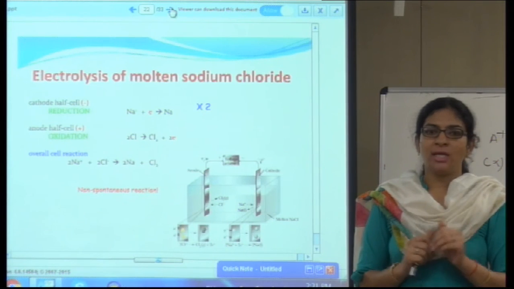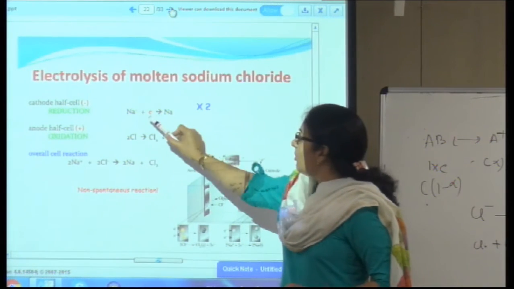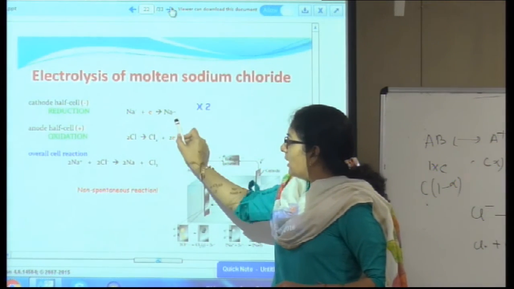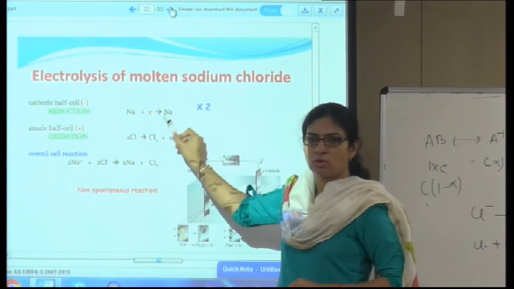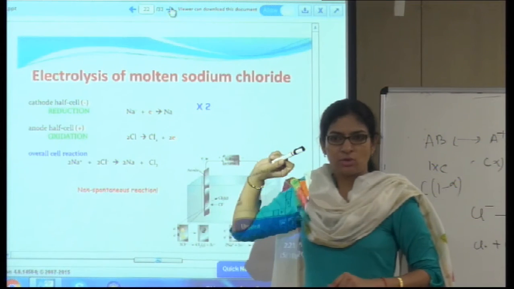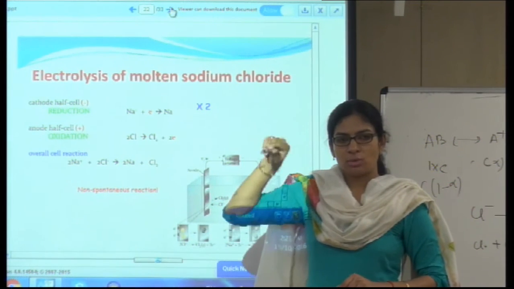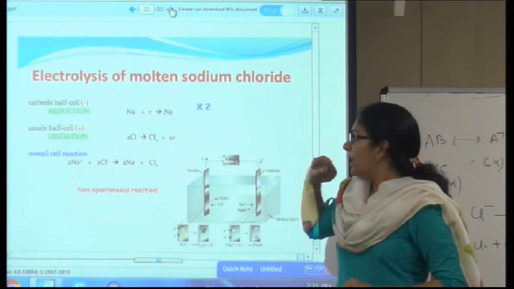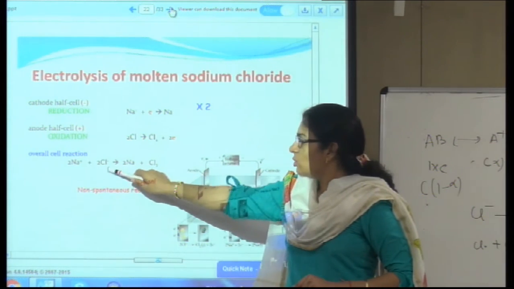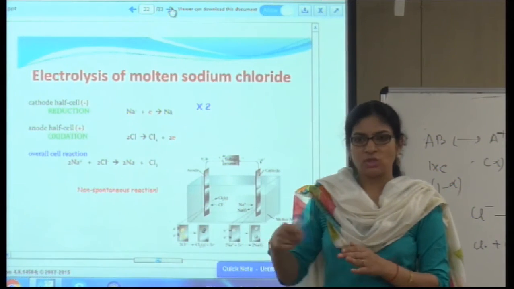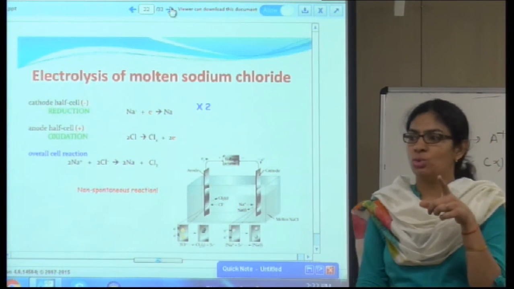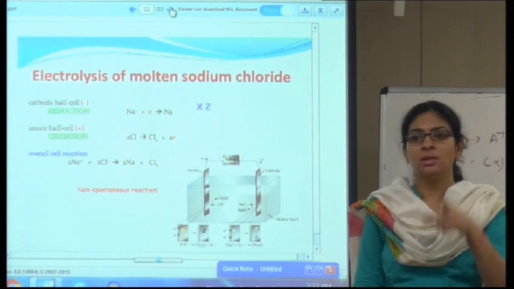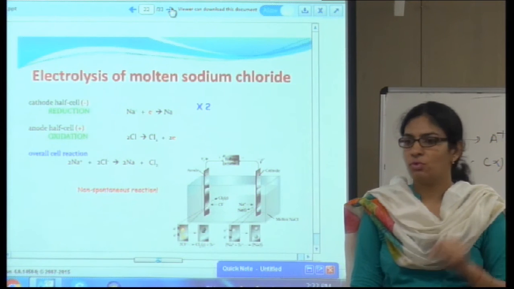Similar to Na plus plus electron giving you a sodium atom, you can have here H plus plus electron giving you hydrogen molecule, so multiply by 2, right. And instead of this you can also have OH minus ion competing with this, but then you again make use of your electrochemical series that you've already learned, right.